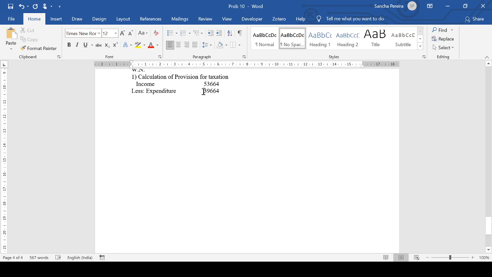So basically, this is your profit on which you have to calculate your tax. We normally call it profit before tax. That comes to 14,000. So on this, we are going to calculate a provision for taxation.